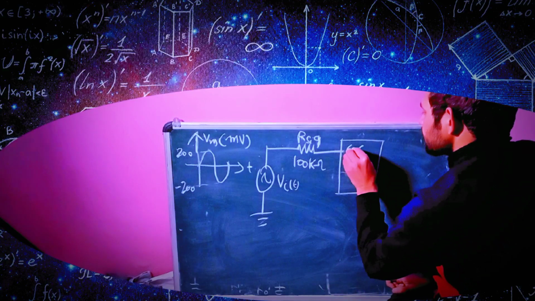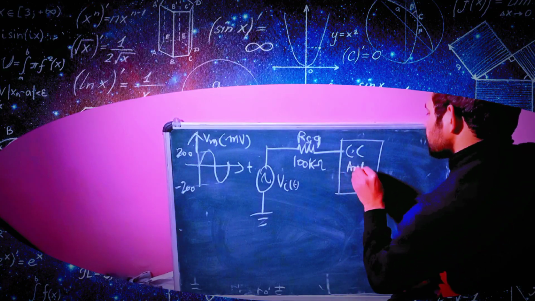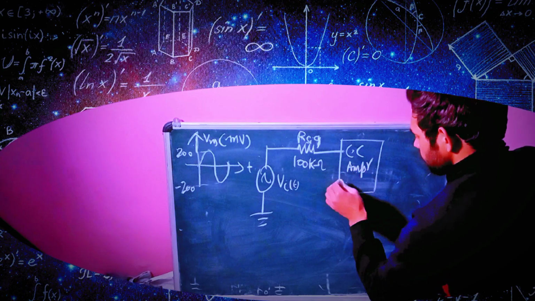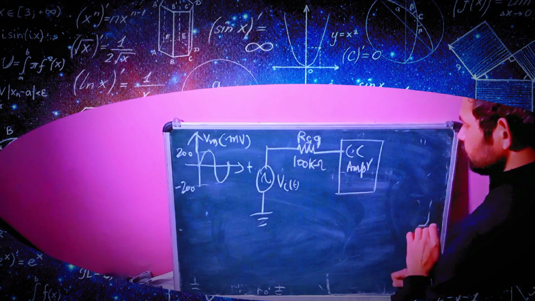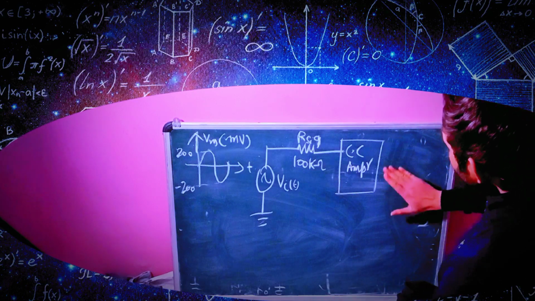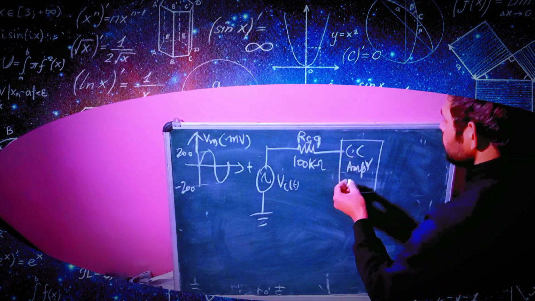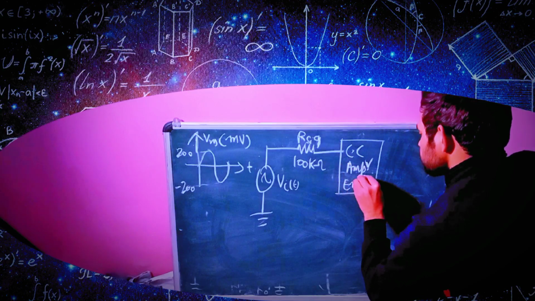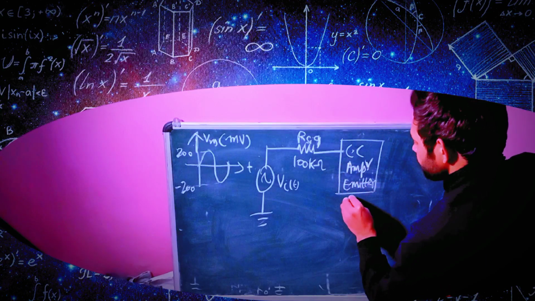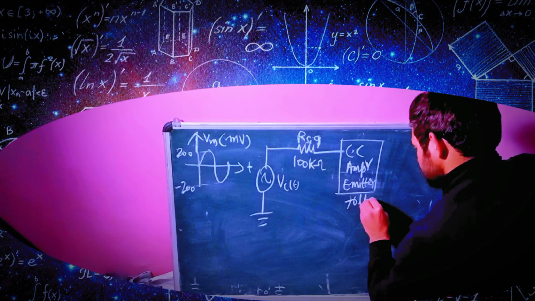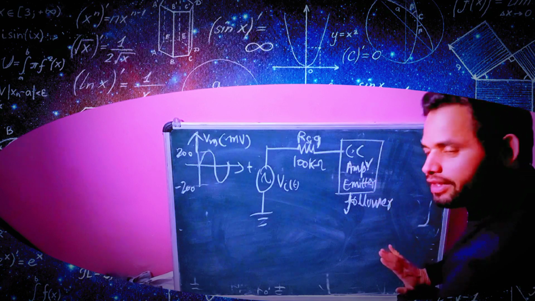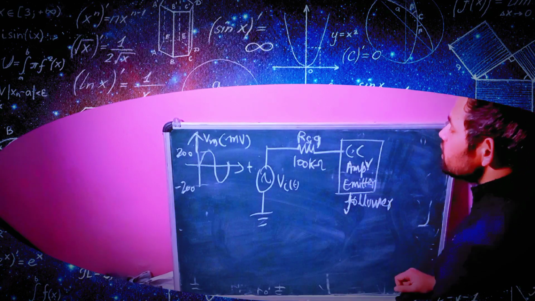This is my common collector amplifier, or you can say emitter follower, or voltage follower. This is my emitter follower or common collector amplifier, or voltage buffer.